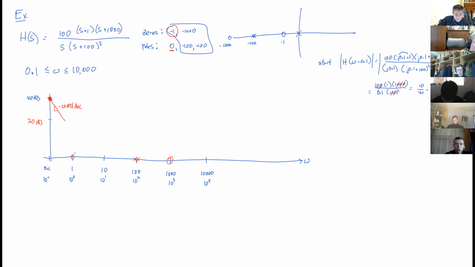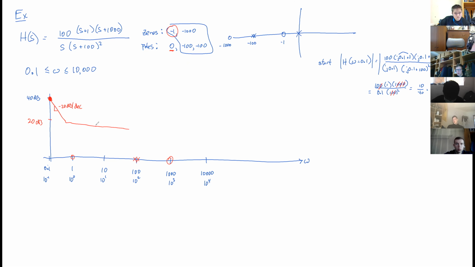Does this zero want to make it continue to go down, or go down even harder, or start to go up? It will start to go up. But because it's already going down by 20 dB per decade, this zero is going to just make it flatten out.